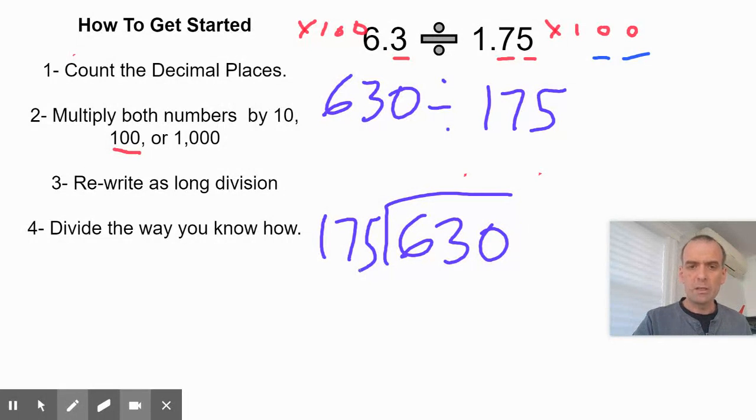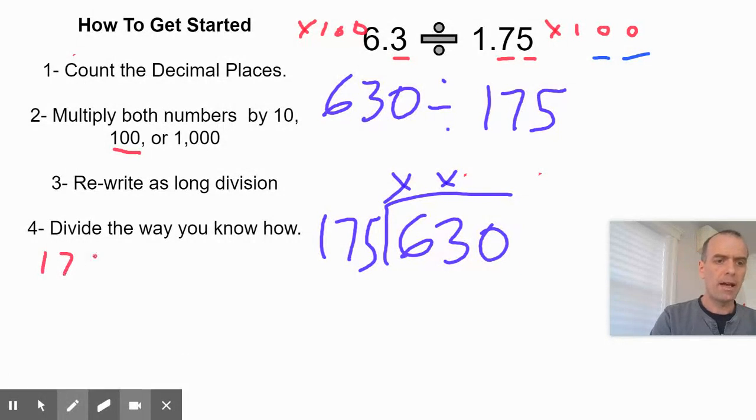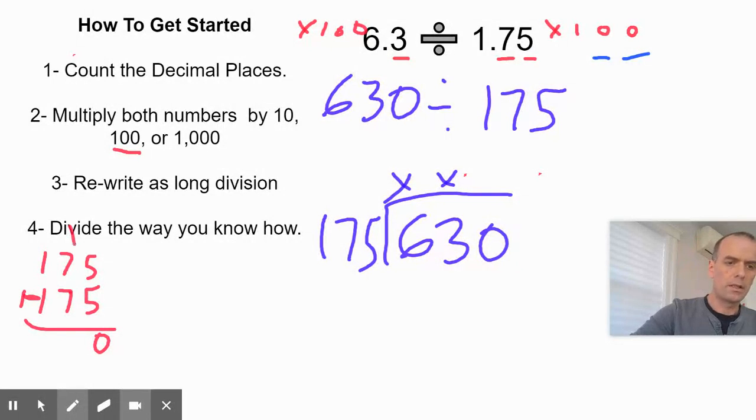So to divide this, does 175 go into 6? Nope. Does 175 go into 63? Nope. Does 175 go into 630? Yes. So let's figure out how many times. You can just add these up. You can skip count. So we go 175. If I add another 175, I get 350.